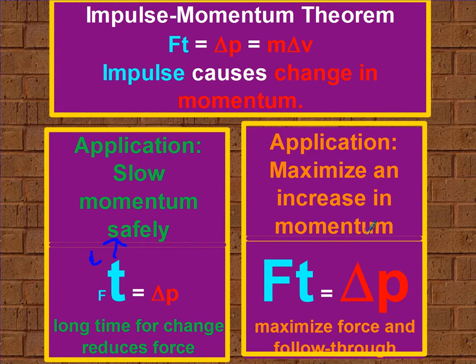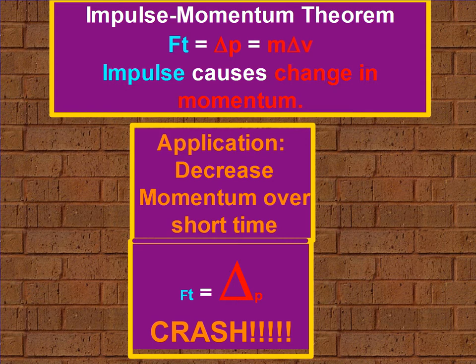We can also increase both the force and the time to get maximum change in momentum, as what we do with most sports. Now, there is another application. We can decrease the momentum over a very short period of time. And what you usually wind up with is a very large force and a crash. Whenever you have a very, very short time, you're going to have a large change in momentum. That's usually going to result in a very large force.